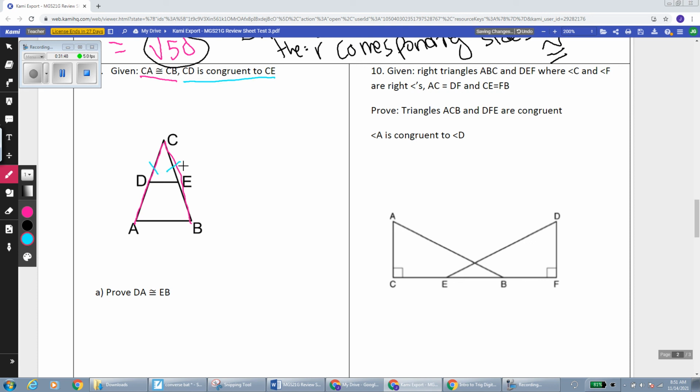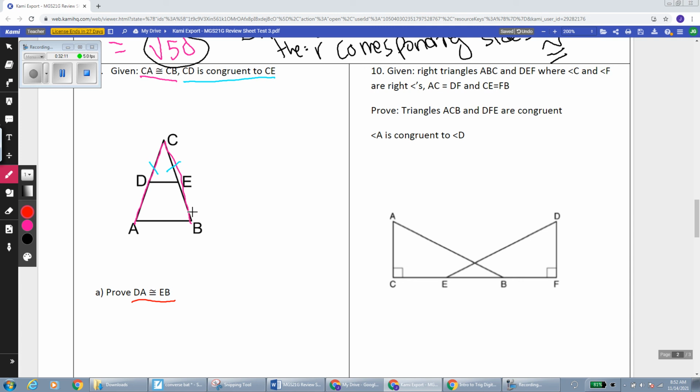And our goal here is to prove that DA is congruent to EB. So we have information about the whole segment AC and the whole segment BC. And we need to get information about DA and EB.